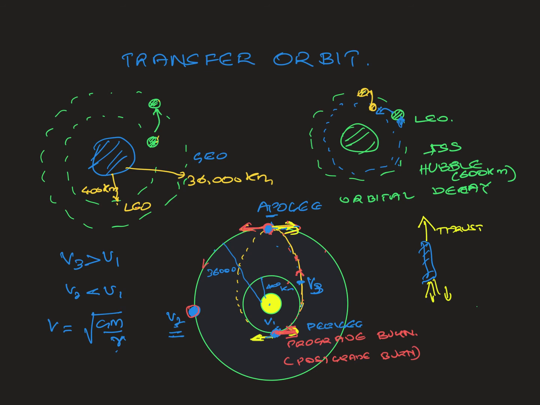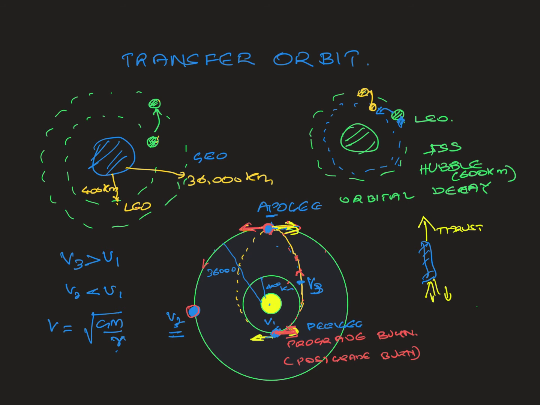And now let's talk about the kinetic energy. That's another thing that's important to know. The kinetic energy here and here: because velocity is higher here compared to a point here, the kinetic energy is less here compared to this one. But the potential energy is increasing when the satellite is going to a high orbit.